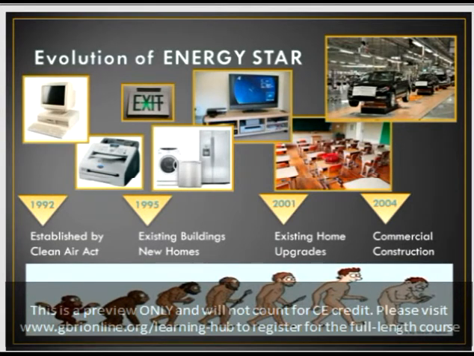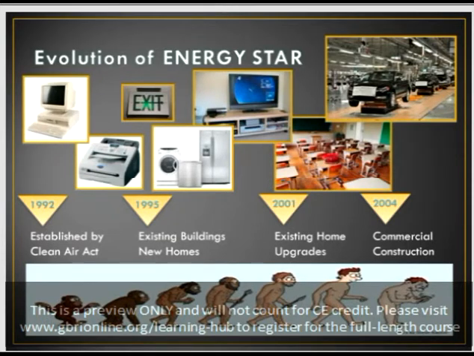All right, well, this is an extremely simplified timeline to show the development of the Energy Star program throughout the years. So, Energy Star first began in 1992 when it was established by the Clean Air Act, and it initially served as a certification program for personal computers and monitors.